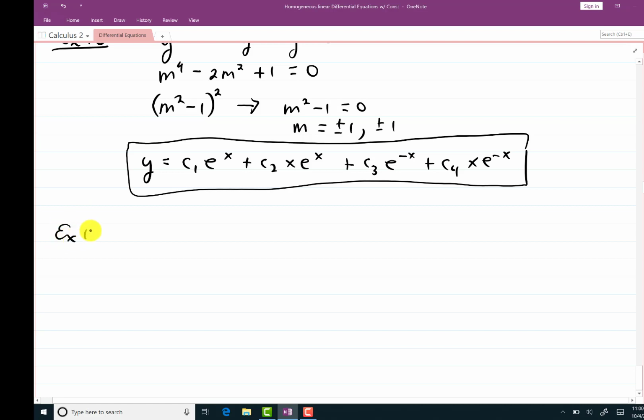For our last example, we have y triple prime plus 2y double prime minus 5y prime minus 6y equals 0.